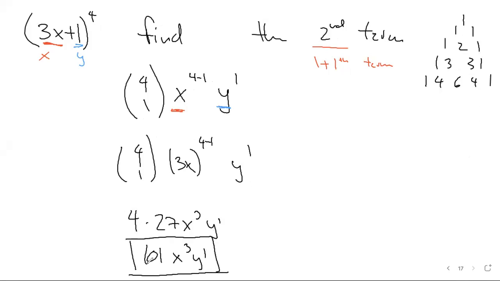So it's 108x cubed y. So if you were to expand this out, the second term would be this guy. Is that clear?